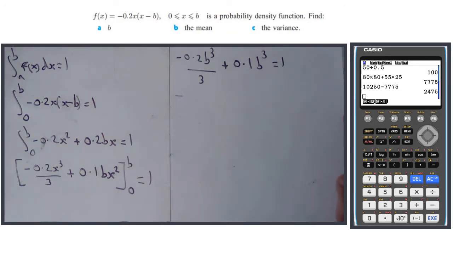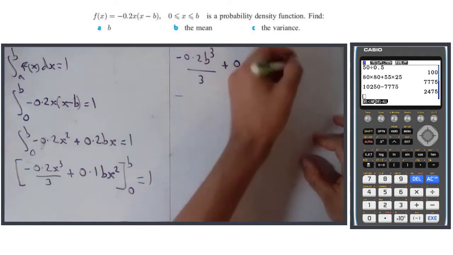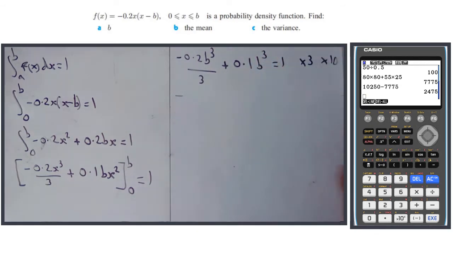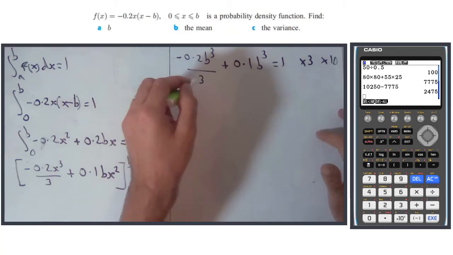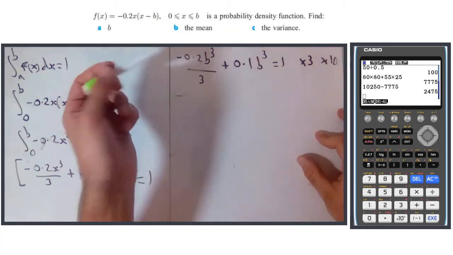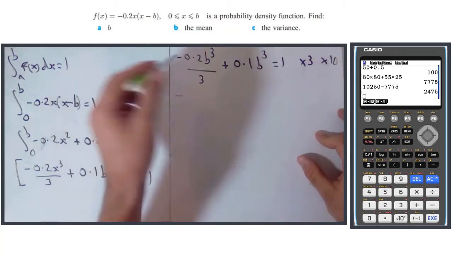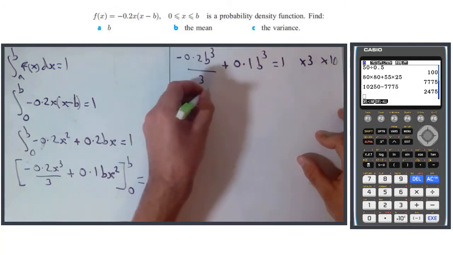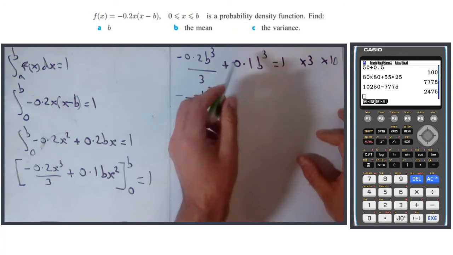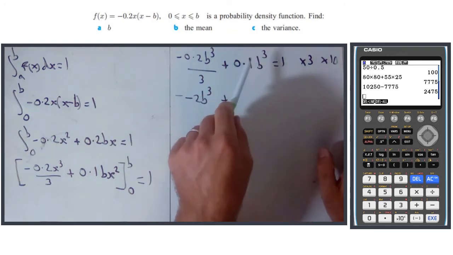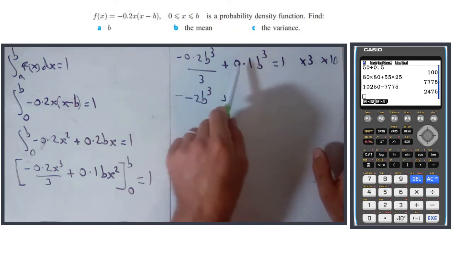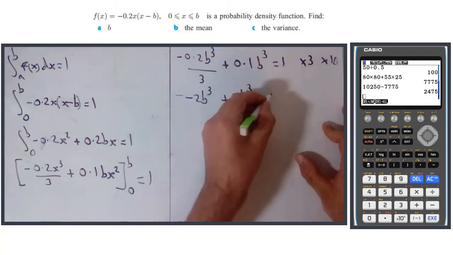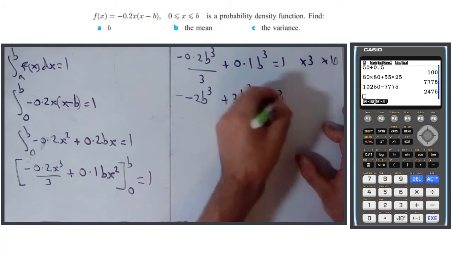So we multiply through by 3 and by 10, which is times 30. Multiplying by 3 gives -0.2b cubed, and by 10 gives -2b cubed, plus 1b cubed times 3 is 3b cubed, equals 1 times 30.